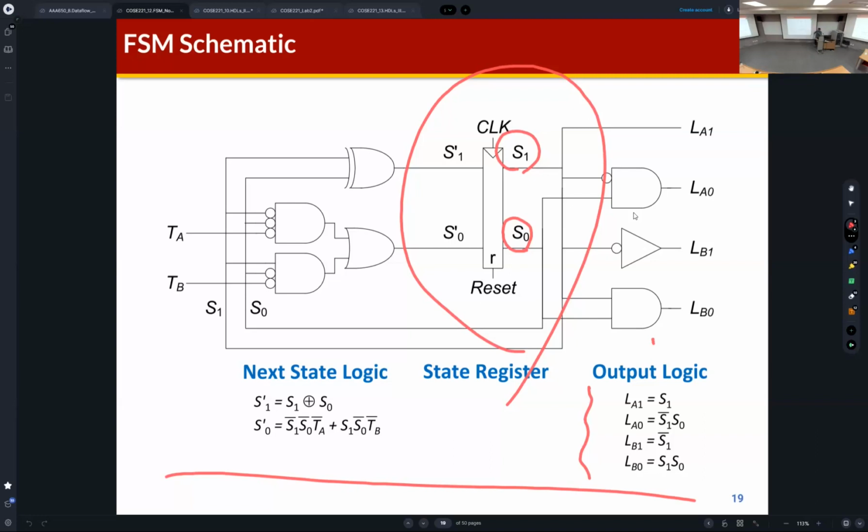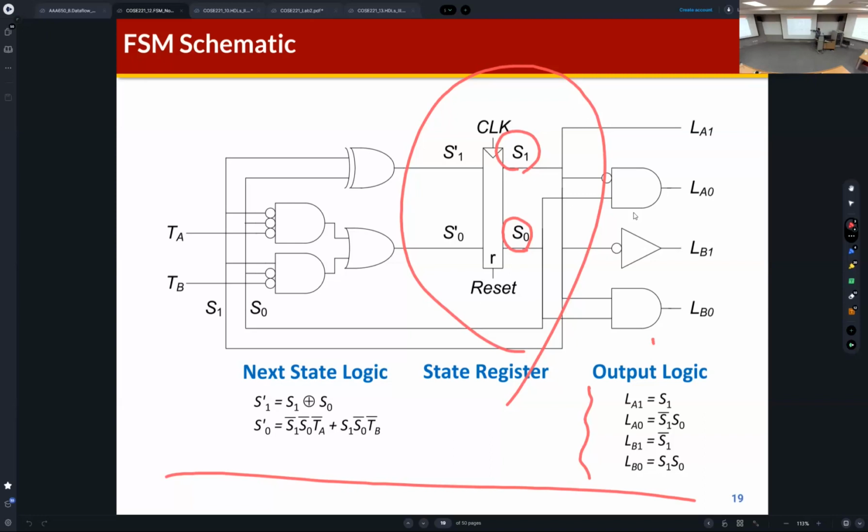And we use the FSM to generate the output signals based on the different states. So we need to generate the output signals using the output logic. Then we can implement the output logic based on the current state, because this is a Mealy FSM.